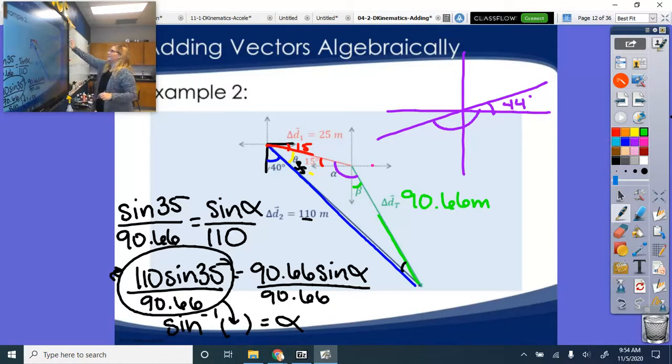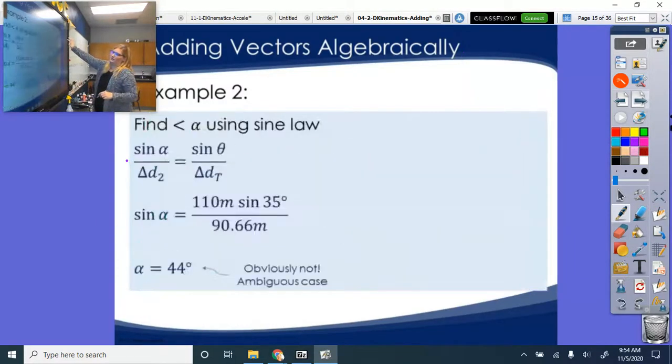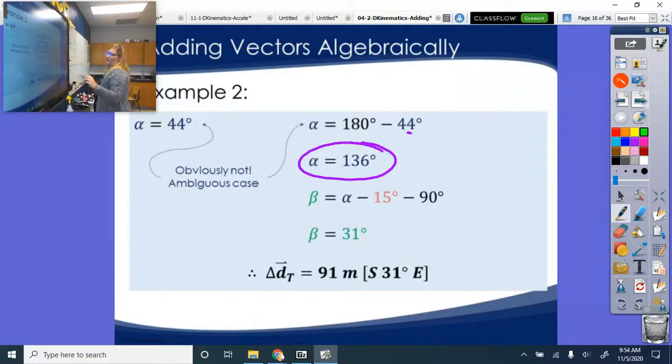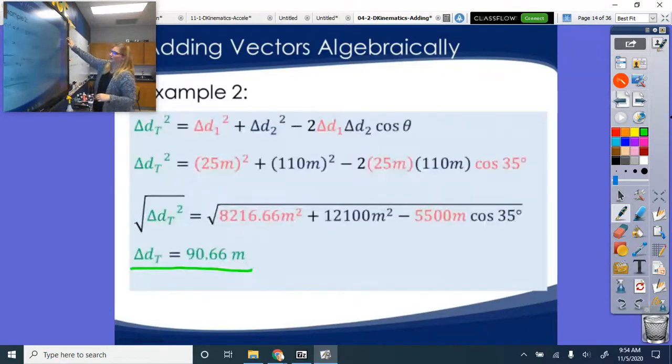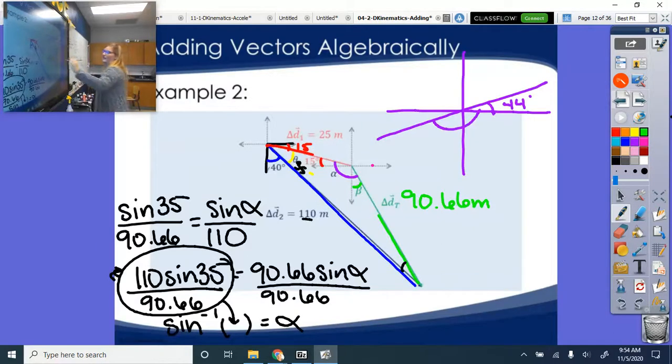So I take my alpha minus the 15 and minus the 90 degrees that's formed here, and I'm going to get my beta.